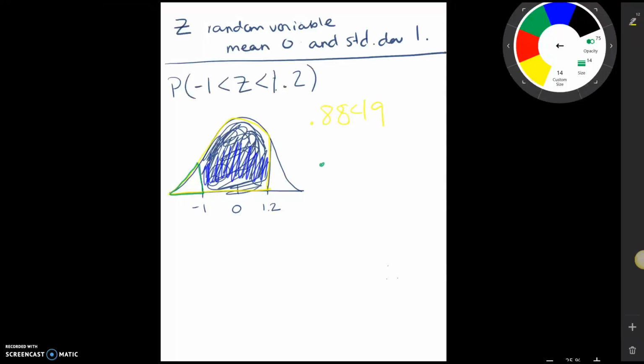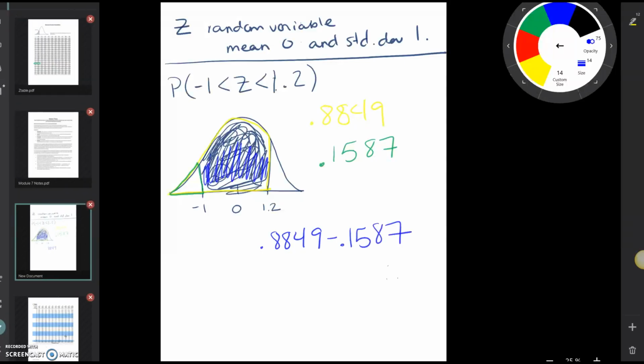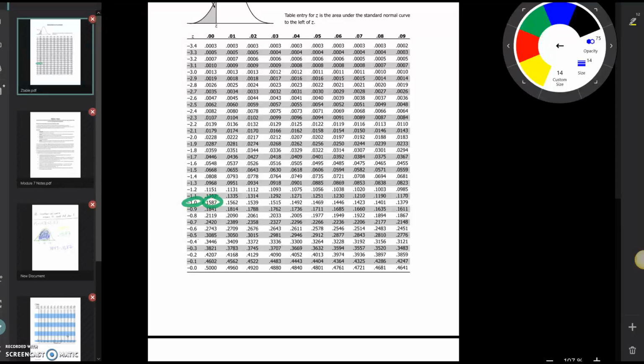So the green area is 0.1587. To get the blue area, we take 0.8849, the yellow piece, and subtract off the green piece, 0.1587. Both of those came from this table.